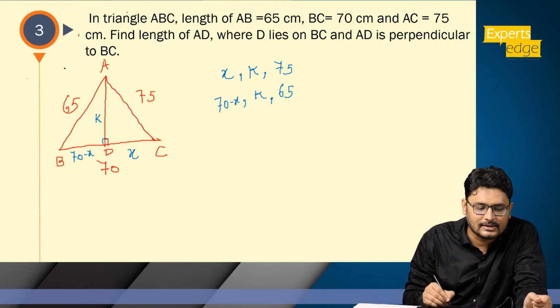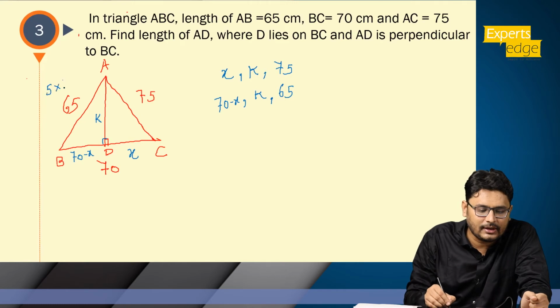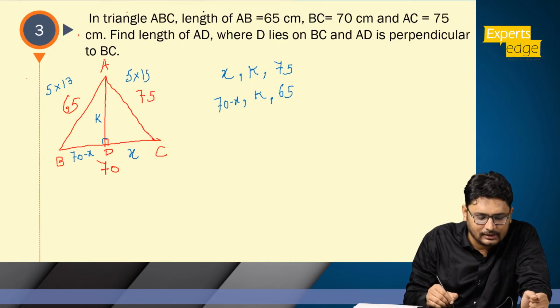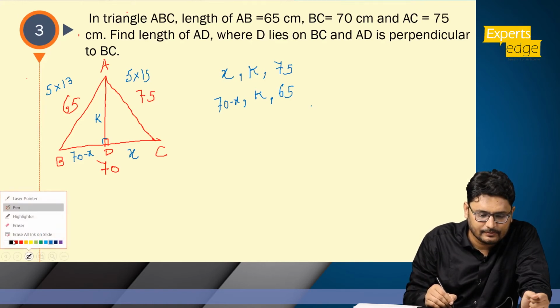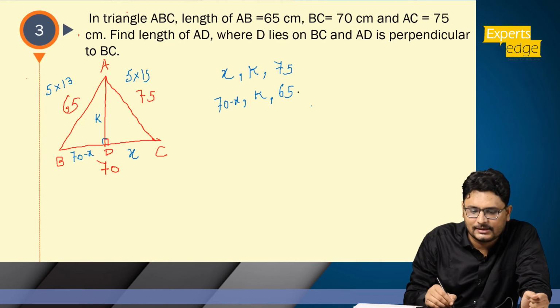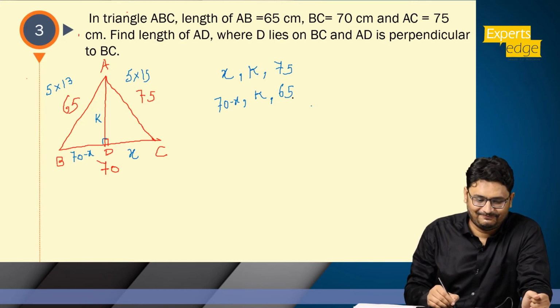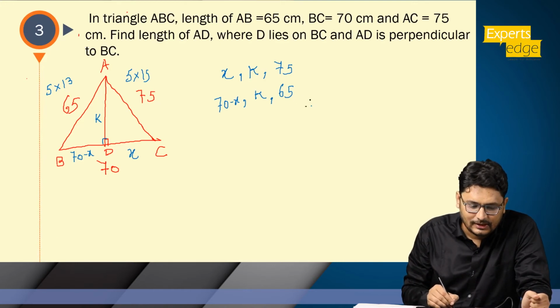So if you factorize this, just try to factor 65. क्या होता है 5 into 13, right? And 75 is 5 into 15. So just थोड़ा अगर मैं hit and trial करूं, so basically 65 is 5 into 13, and similarly this is 5 into 15.